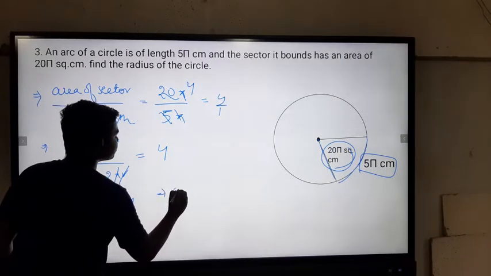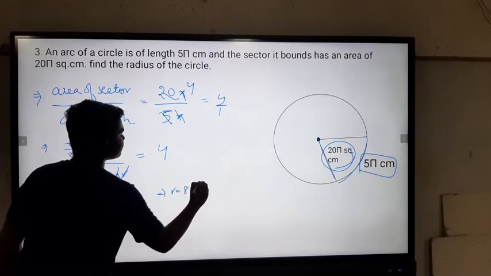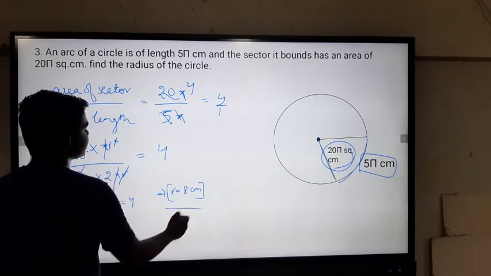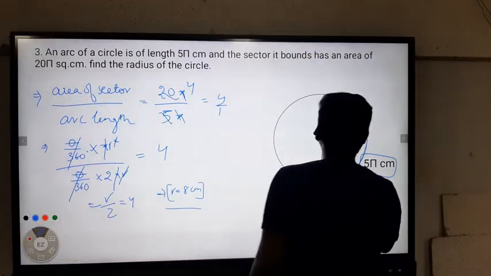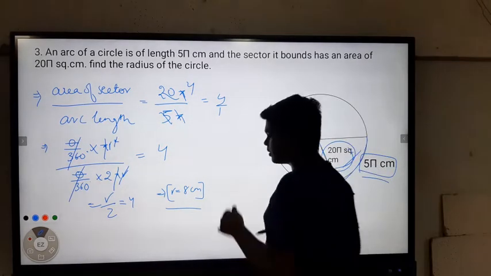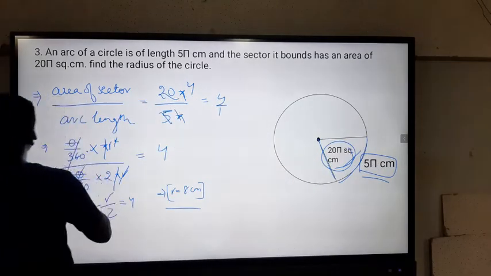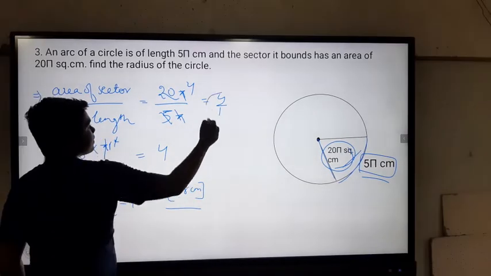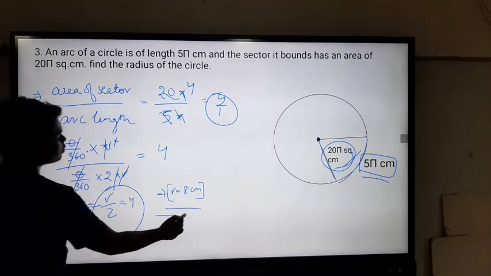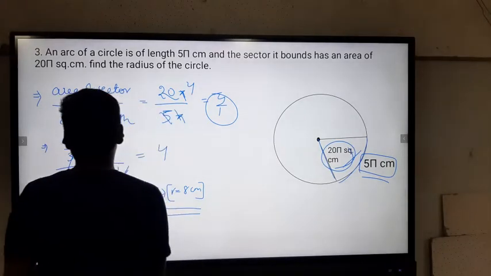Then r equals 8 cm. So here we got that the radius is 8 cm. As given, the area of the sector is 20 pi and the arc length is 5 pi. So if you divide the both, we will get 4, and by that we will get r by 2 equals 4. Then r equals 8 cm. Let us move to the next question.